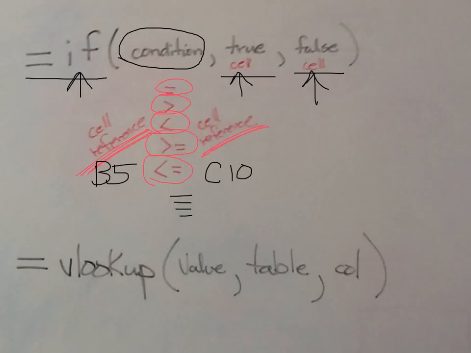So we have an example. If B5 is less than or equal to C10, comma, then D4, comma, D5, just as an example. So if this statement is true, then the solution to this, whatever cell it's in, will be what's in B4.